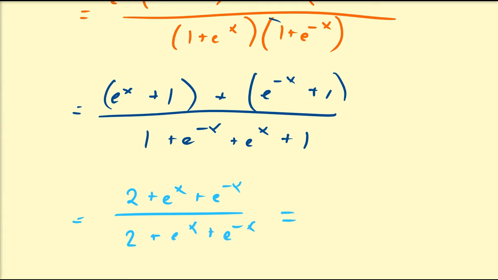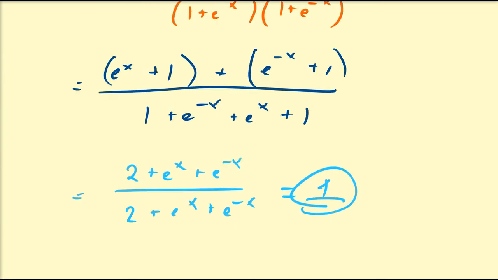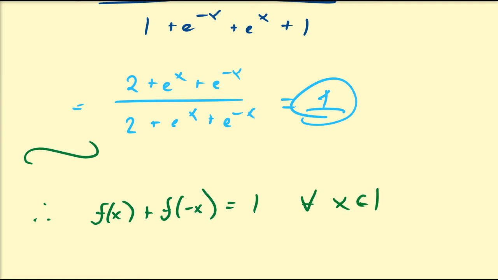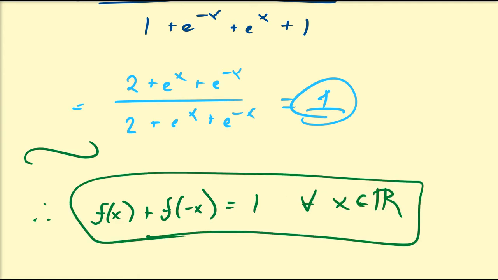And since the top and bottom are the same for all values x, this is always equal to 1. So therefore, we have the following result, that f of x plus f of negative x is going to be equal to 1 for all x in the set of real numbers, right? So that's pretty much like the even-odd sigmoid symmetry that the logistic function has, right?